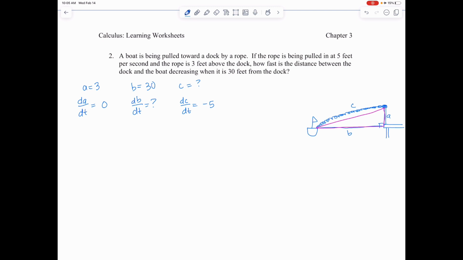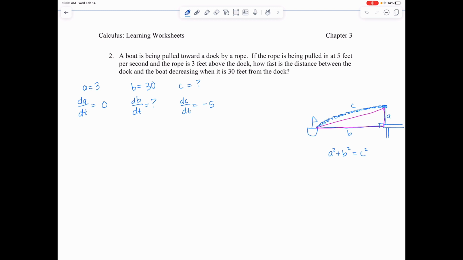Okay. It's going to be dB/dt and C that we need to fill in. In our case, we can fill in C quite easily because we know the Pythagorean theorem: a squared plus b squared equals c squared. Although it's unknown right now, we can find it.